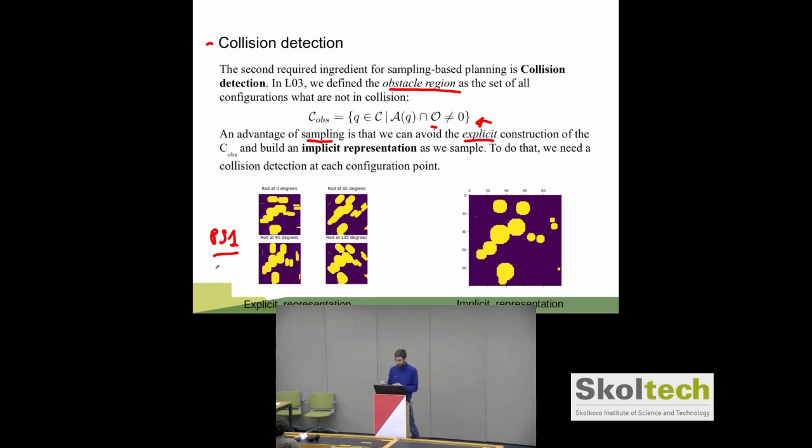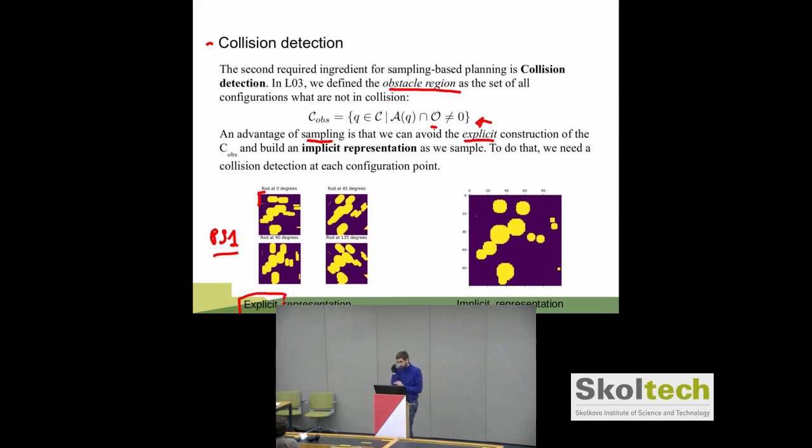They were discretized, by the way, so we have discretization in X and Y and in theta. For all these possible values, we were checking if they were in collision or not, right? So remember, yellow is collision, blue is no collision, plus the borders, okay? We'll fix this, but we will not penalize. Okay, so that's the explicit representation.